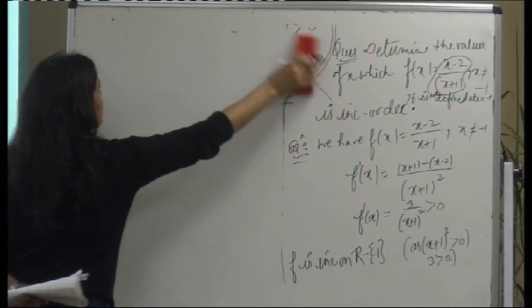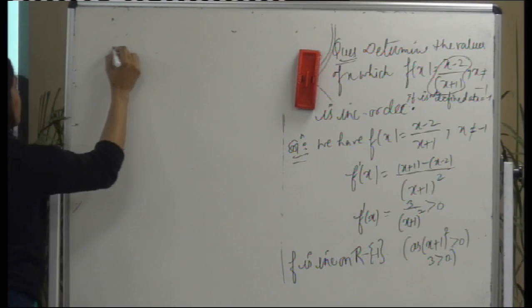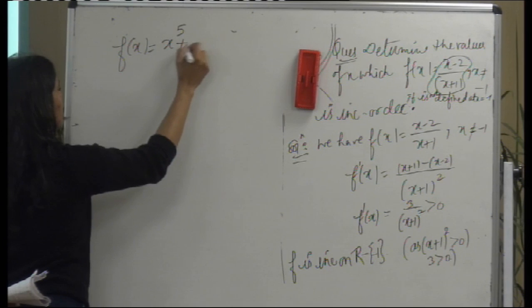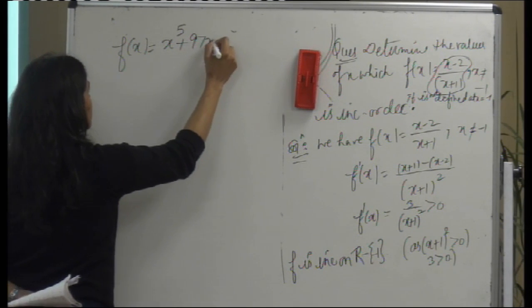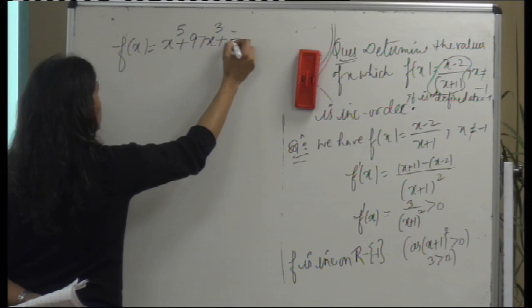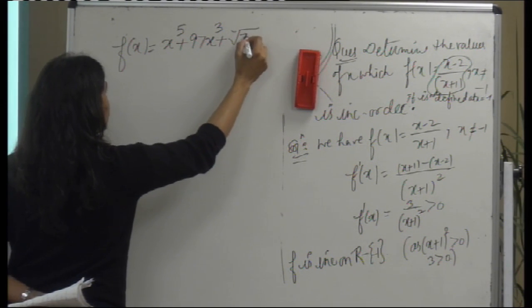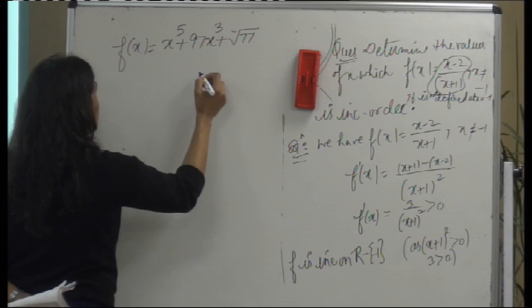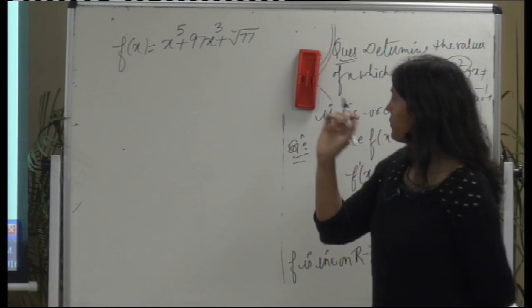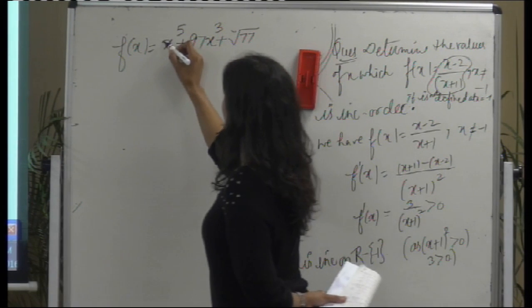This is a simple one. Okay, let me take another now. What about this function? Think about it and then answer. f(x) equal to x^5 plus 97 x^3 plus under root 77, this much only. I think I should add e.